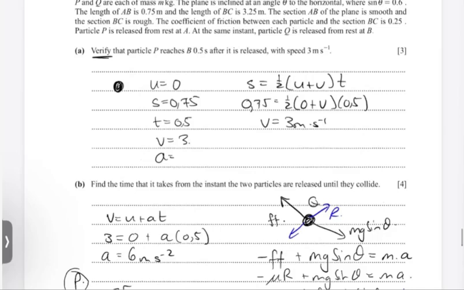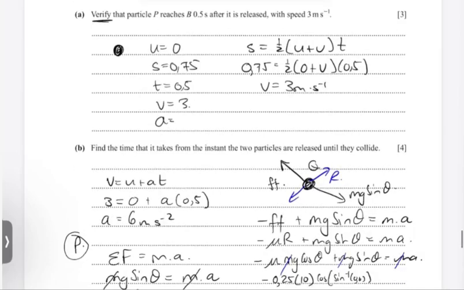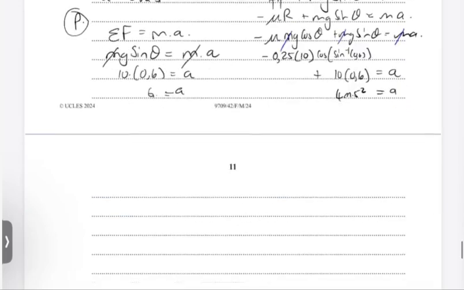So I just want to know, where is P at that point? So not P, where is Q? So Q started from rest. It's accelerating at 4 meters per second squared. I don't know where it is. I want to know where it is in the time of 0.5 seconds.